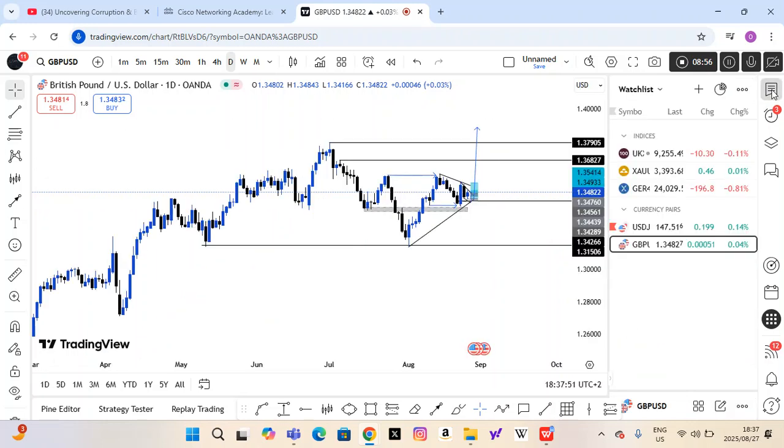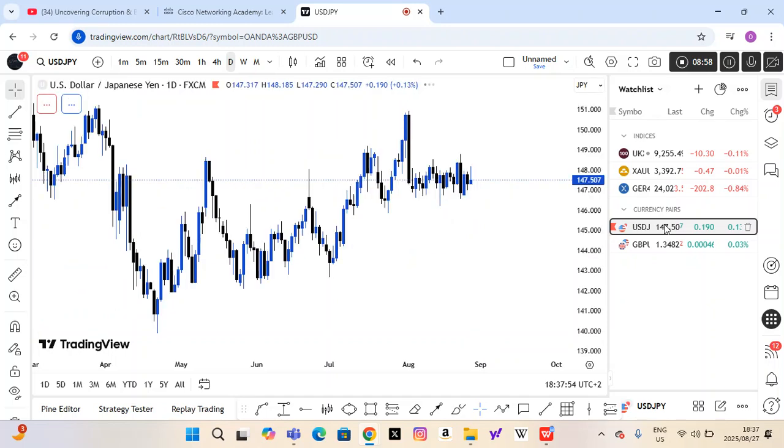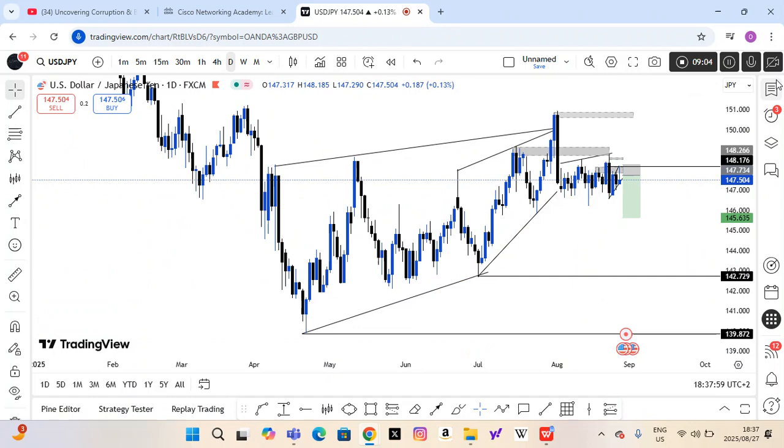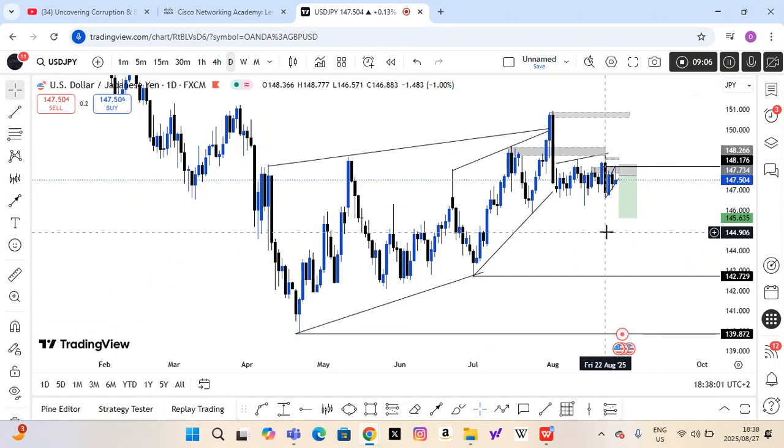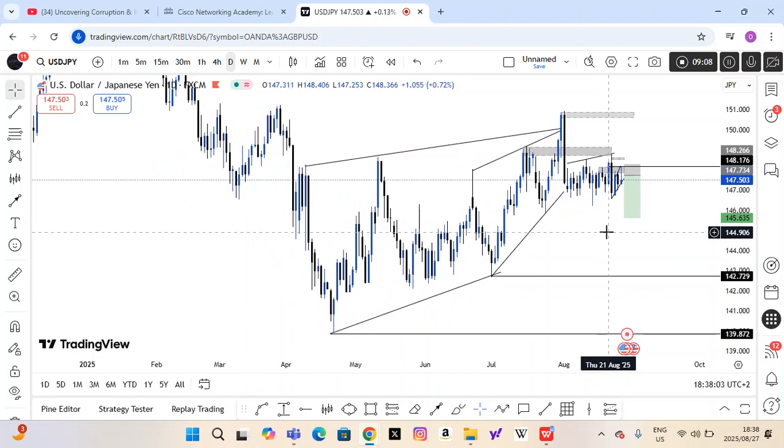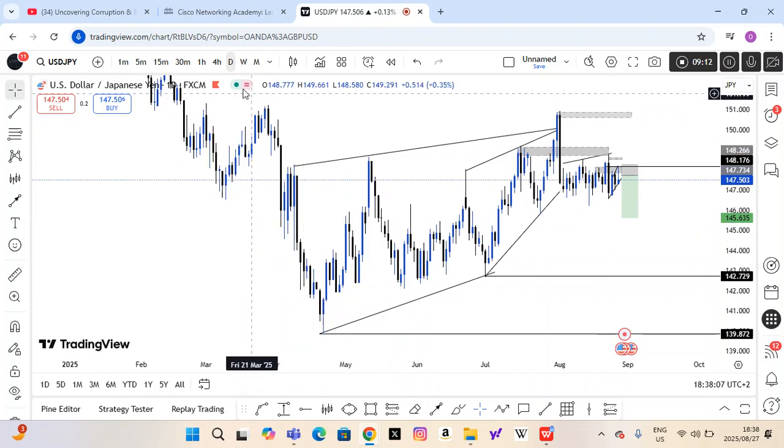Then moving to the dollar yen. This one is showing me, but yeah, it's actually moving quite good as well.